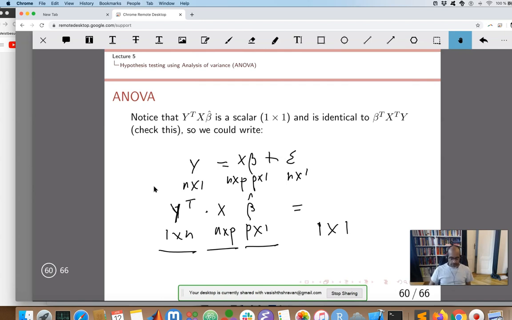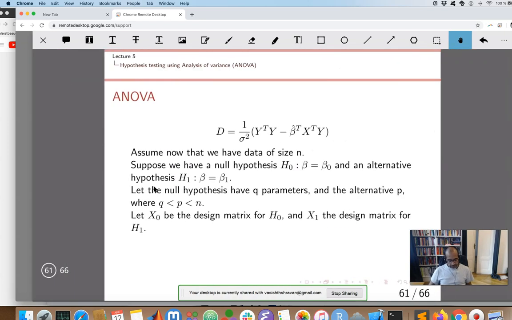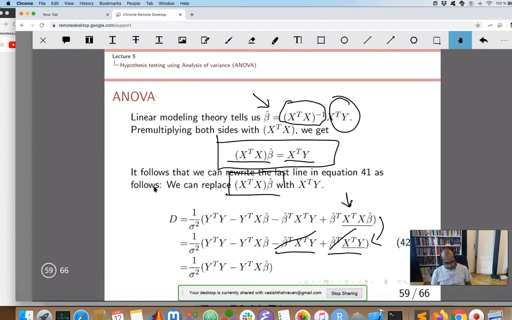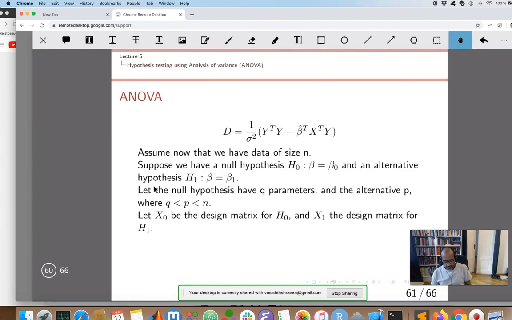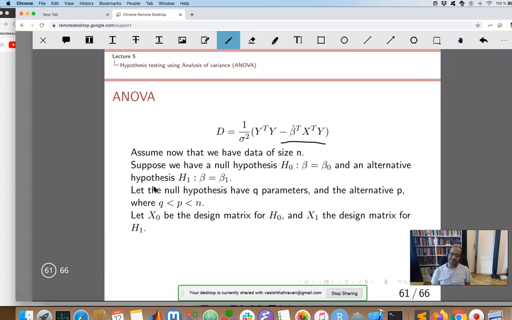So we can reverse this because that will also be a scalar. We just rewrite these terms here, and now we've got a definition of deviance in terms of sigma squared, beta hat, X and Y.